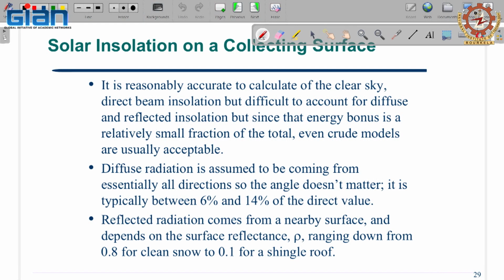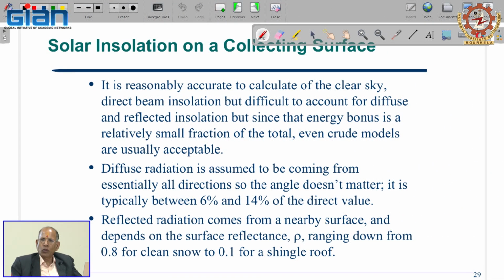Okay. Now, solar insolation on a collecting surface. At the end, you want to know how much insolation is coming on the PV panel. So here, it is reasonably accurate to calculate the clear sky direct beam insolation.